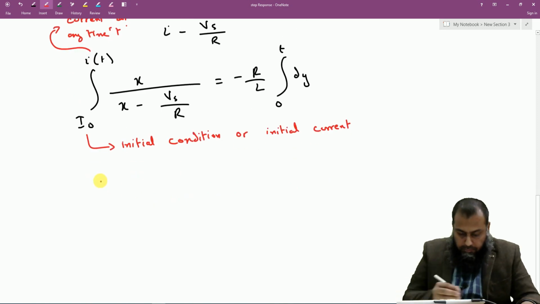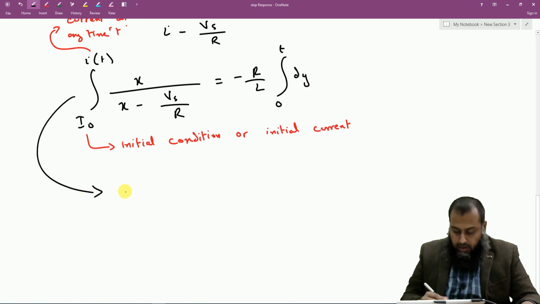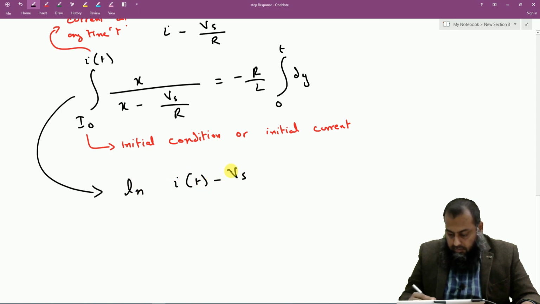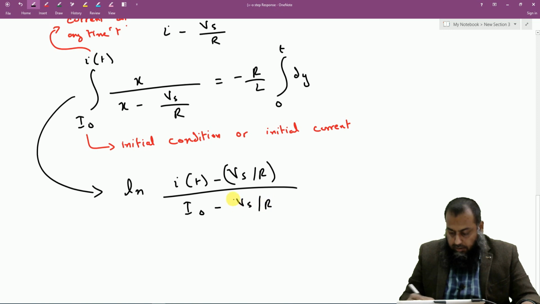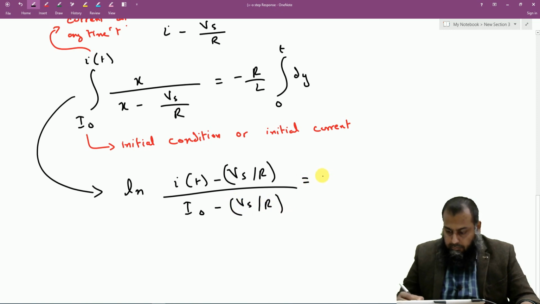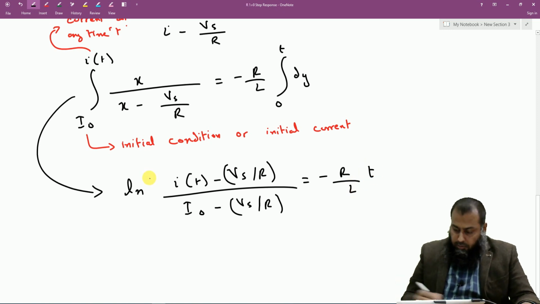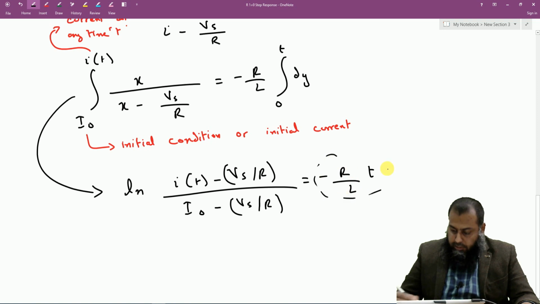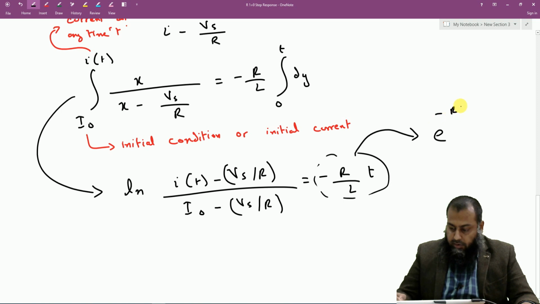So this becomes of the shape: log of (i minus Vs over R) divided by (I naught minus Vs over R) is equal to minus R over L times t, right? Now this portion can be written as e raised to the power minus R over L t, with a log here.